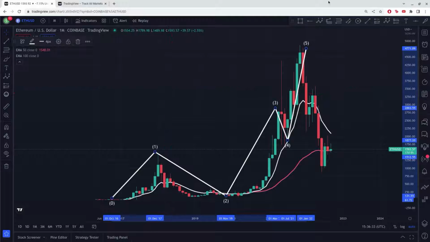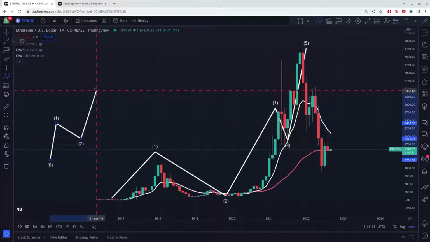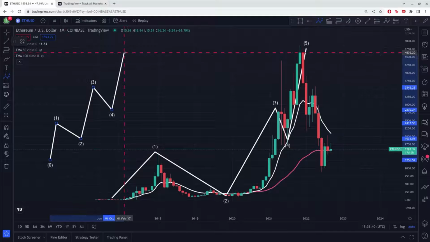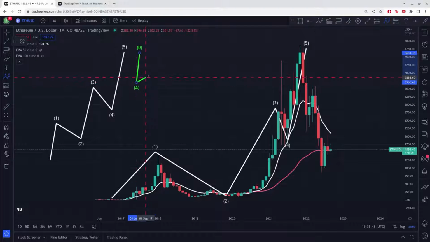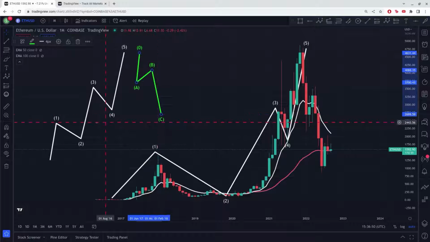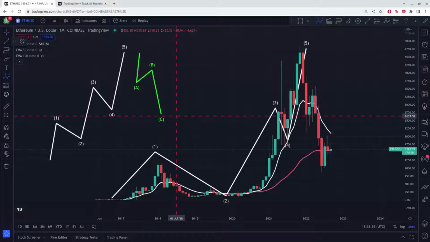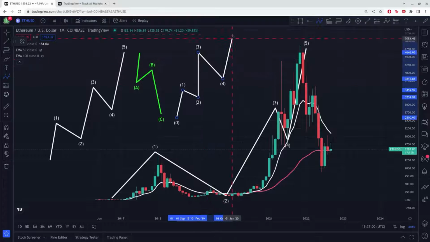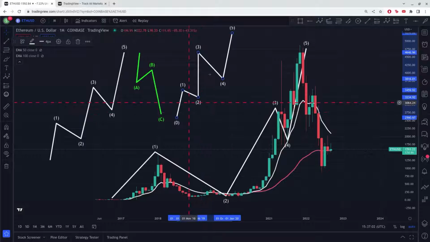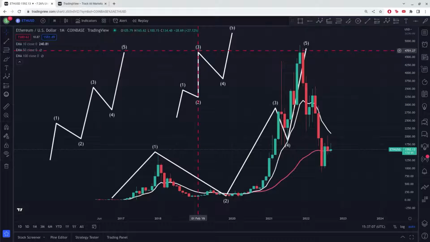At the end of the 5 wave pattern, there are 2 possibilities. Either you have a retracement, like A, B, C, and then a continuation of the previous trend, or you have a reversal, which will lead to the formation of a new trend entirely.